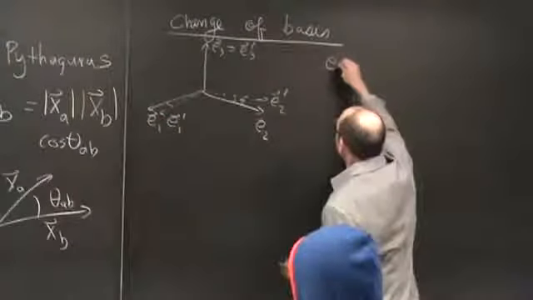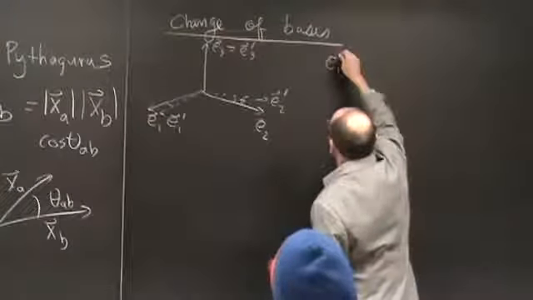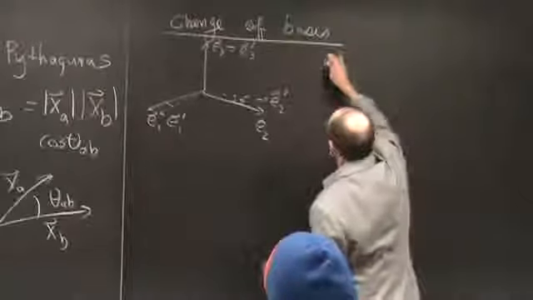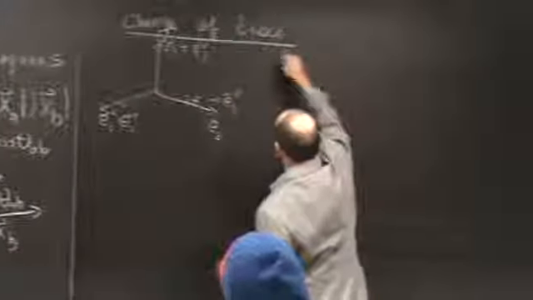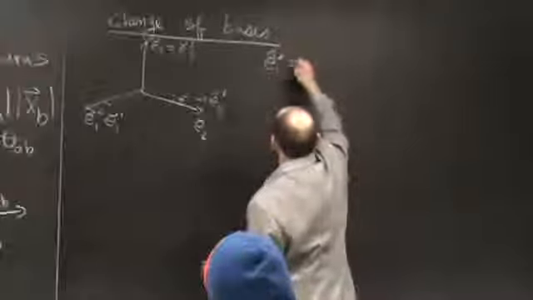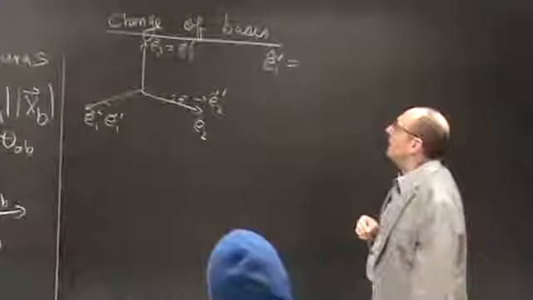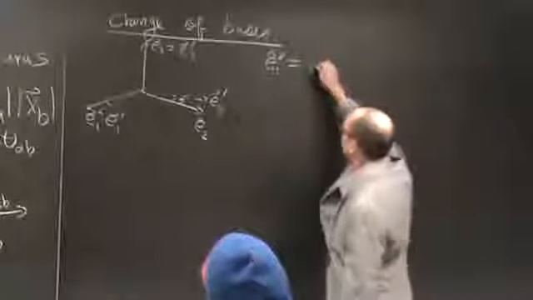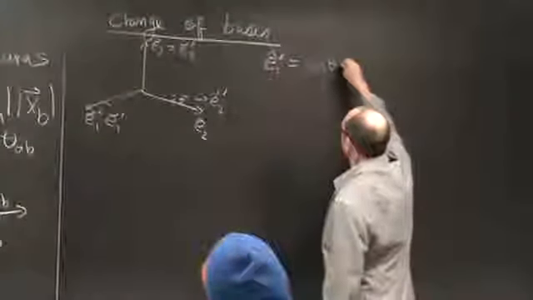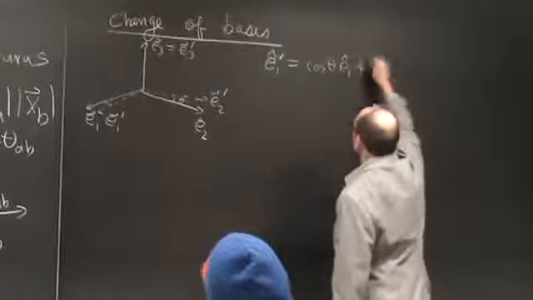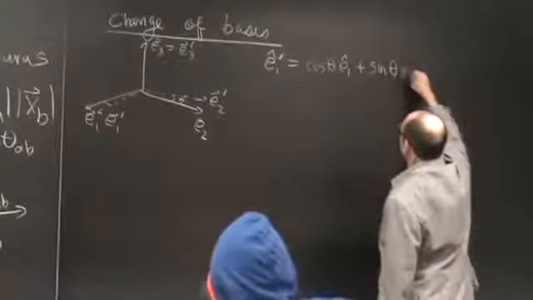So in this case, my new, oh, I guess I'm not putting hats on it, but anyway, you'll excuse me, sometimes I'll put hats and sometimes I'll forget that they're unit vectors. This vector, just from geometry, is cosine theta E1 plus sine theta E2.